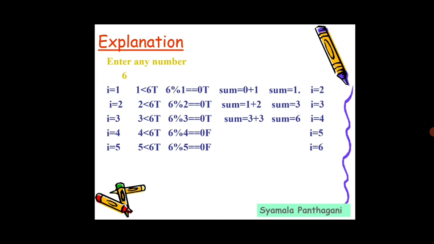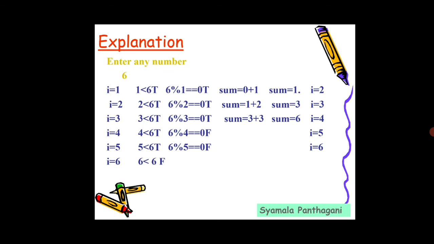i is equal to 5. 5 is less than 6. That is true. 6 mod 5 is equal to 0. This condition is false. That's why it doesn't add 5 to the sum and goes to the next iteration with the new value of i, that is 6. 6 less than 6. This condition is false. The compiler comes out of the for loop.